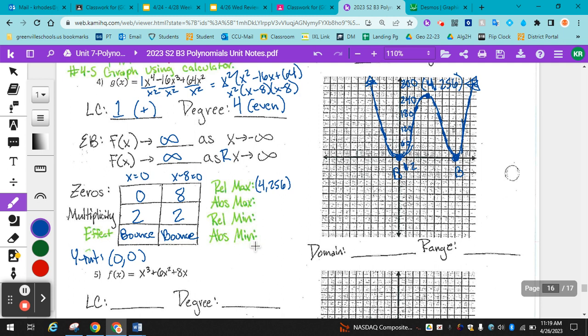Relative min and absolute min are the same because there is an absolute min. There are no points lower than that. So it'd be 0, 0 or 8, 0. Minimum is the y values. So that's how you know if it's a minimum or not.